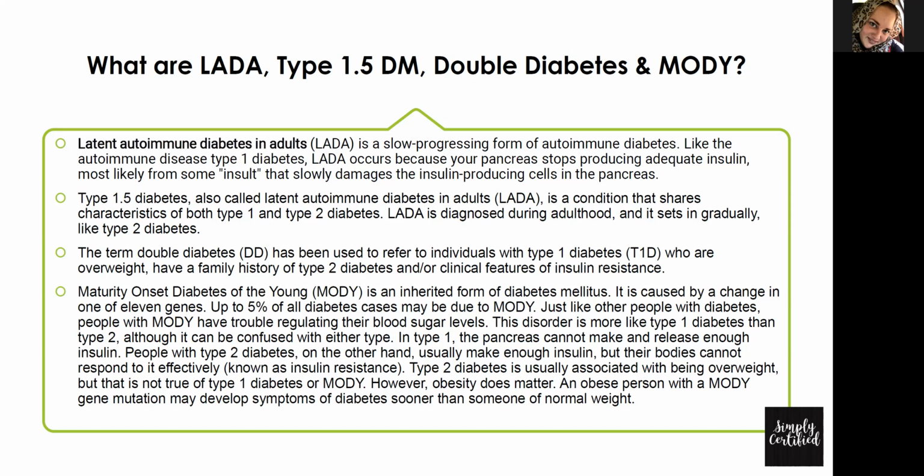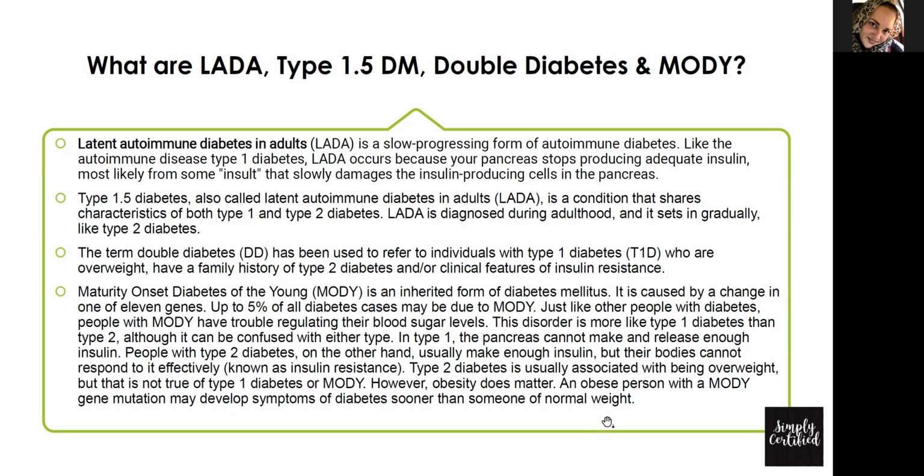An obese person with the gene mutations for MODY might get the symptoms of diabetes sooner than if they weren't overweight. They could get it symptomatic 10 years earlier if they don't maintain a healthy weight.